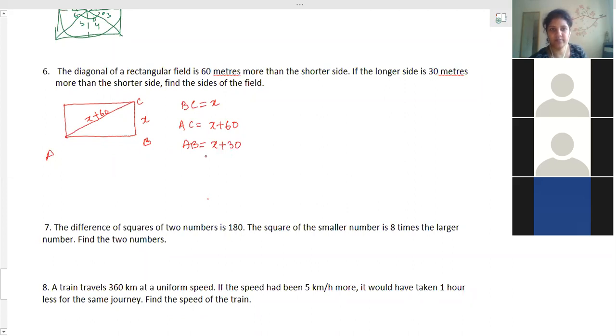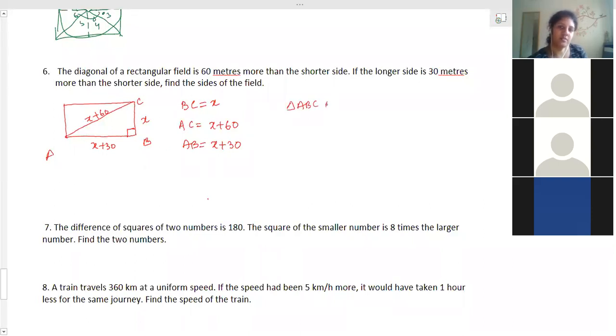It's clear? And now what is the relation you can use between all three? Pythagoras theorem, because it is a rectangle, all angles are 90. So ABC is a right triangle. So if it is a right triangle, we can use Pythagoras theorem.